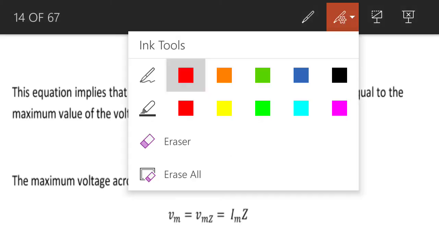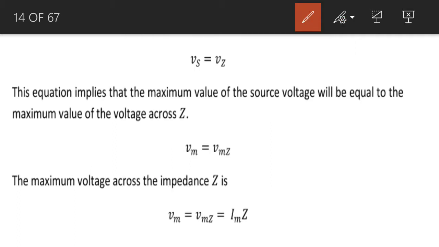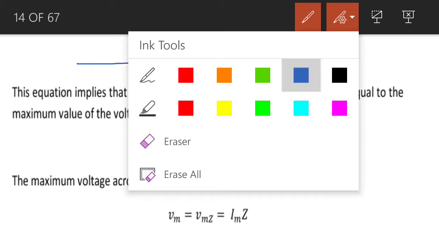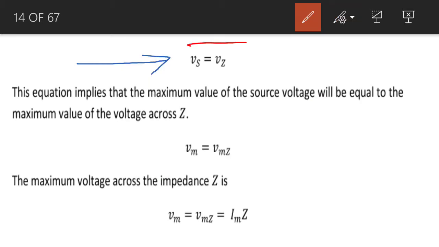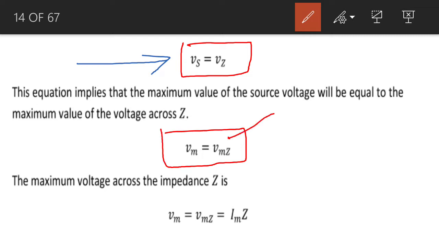So if we apply KVL to this loop, according to KVL, the voltage across the source will be equal to the voltage across this passive circuit element. In other words, the maximum value of the AC voltage across the source will be equal to the maximum value of the voltage across the passive circuit element, which is represented by Z.